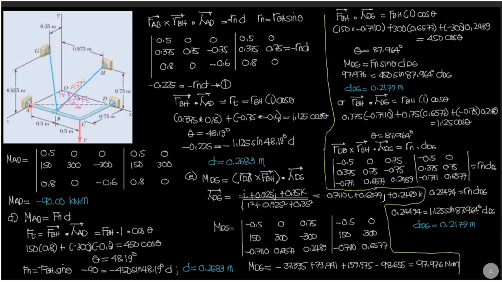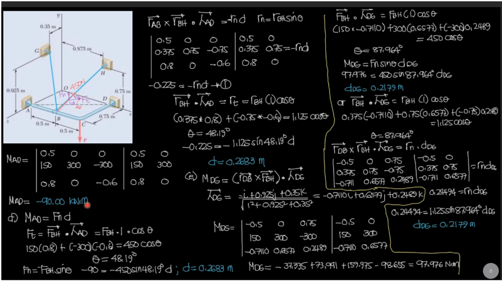Then the unit vector of axis AD, which we defined just earlier, 0.8I minus 0.6K. So 0.8, 0, negative 0.6. Copy the first two column elements. Evaluate 0.5 times 300 times negative 0.6, and the rest are 0. So 0.5 times 300, 150, times negative 0.6, so negative 90 kilonewton meter.